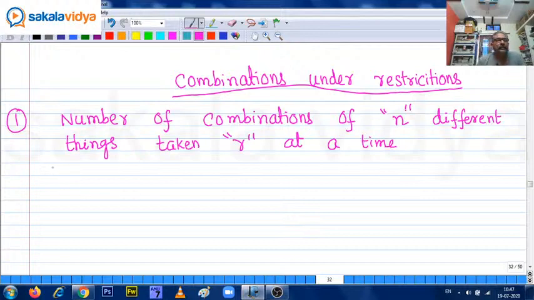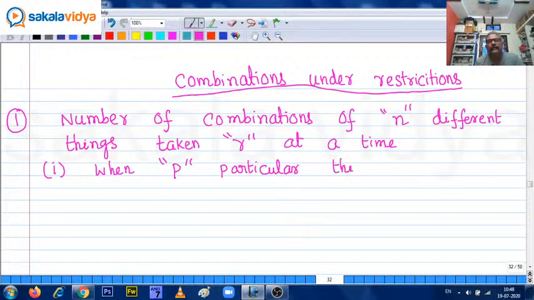But what is the first point to be discussed? When p particular things are always included. This is the restriction here.